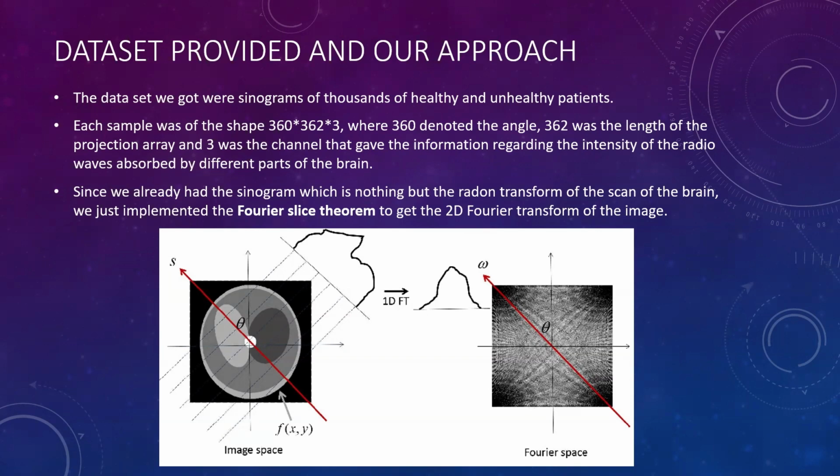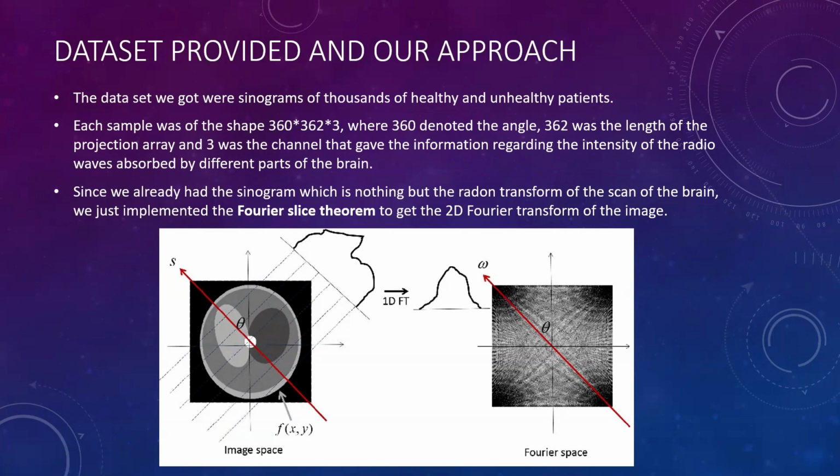Since we already had sinograms, which is nothing but the radon transform, for finding the Fourier transform we just had to use the Fourier slice theorem. It's clearly shown in the figure that we take the radon transform at a particular angle, then do a 1D FFT, and then you get a projected line in Fourier space.